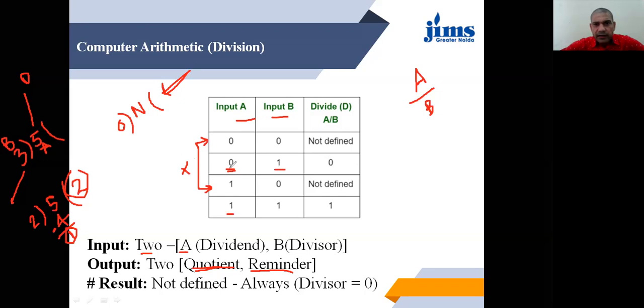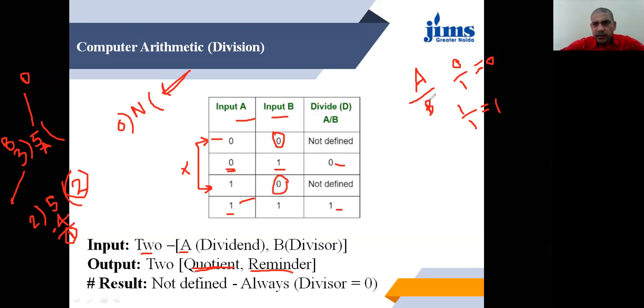So when we are dividing 0 by 1, in that case the value is 0. When we are dividing 1 by 1, in that case the value is 1. So these two are clear, but when we are going to divide any number by 0, as you can see in first and third, over here the value of B is 0.